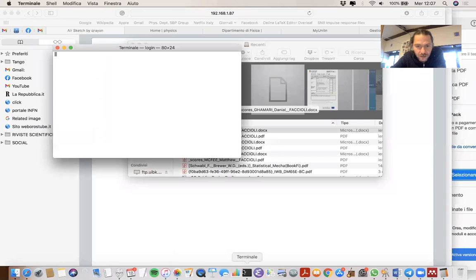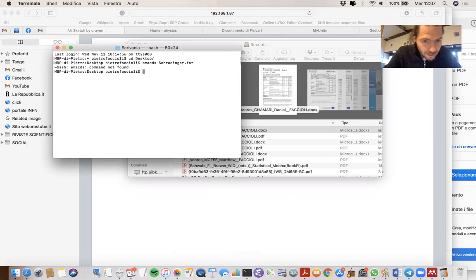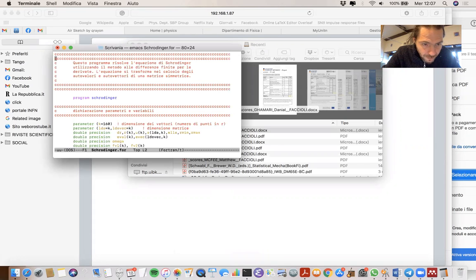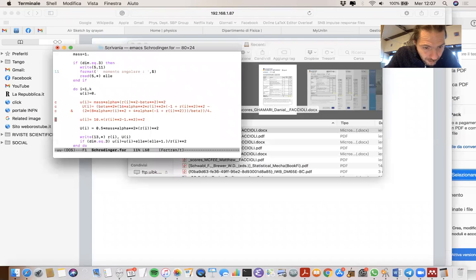We go here and use our code. If I remember well, I should have put here in the definition of the potential also the double well. So this was the standard harmonic oscillator. Okay, this is, as you see, a nice double well.